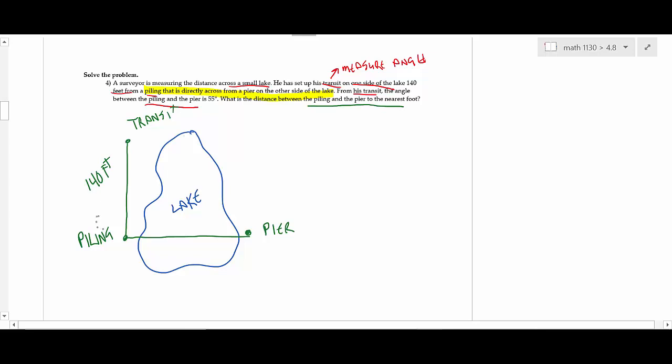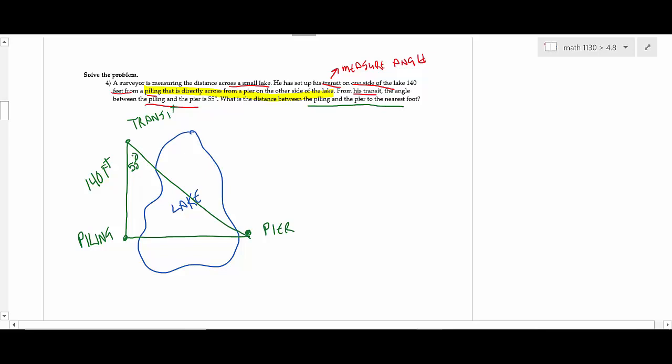So the problem is saying he's measured off on the ground 140 feet on the same side. And then it says he measures the angle to the pier to be 55 degrees. So that's what that angle right there is.